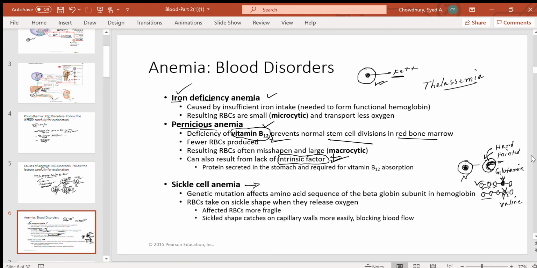Okay, faulty protein part, globin. Okay, so in this case, the globin part, the protein part of the hemoglobin is faulty, and the oxygen will not be able to bind and be transported by the hemoglobin in thalassemia.